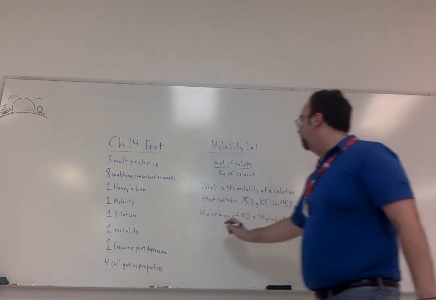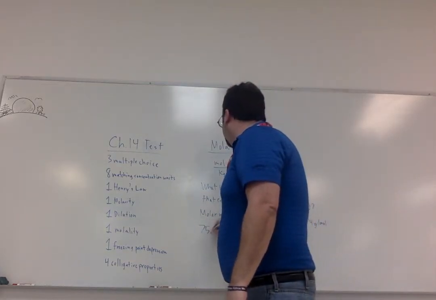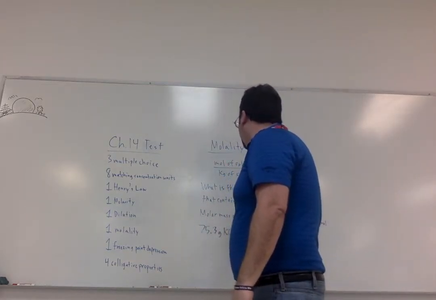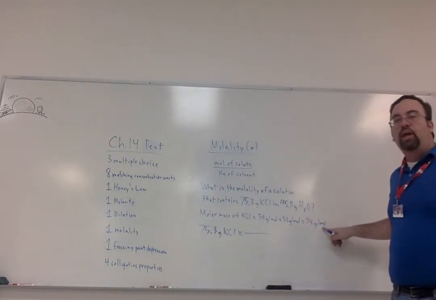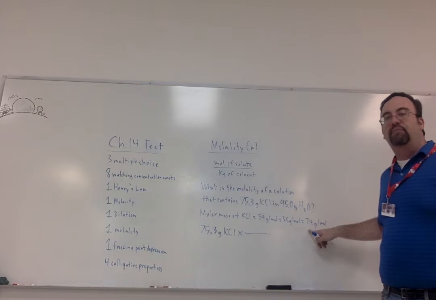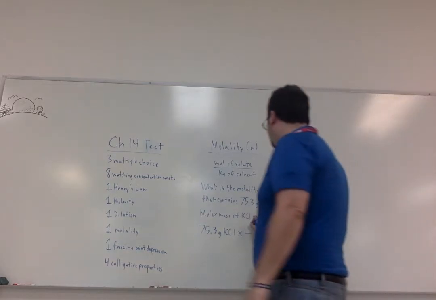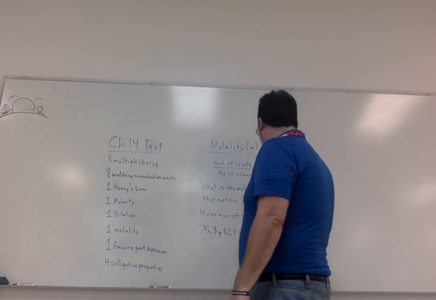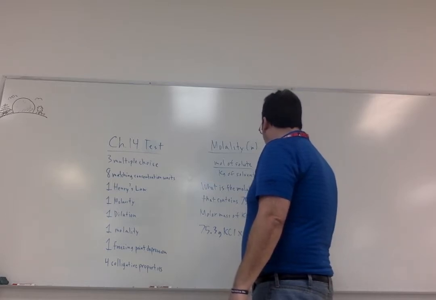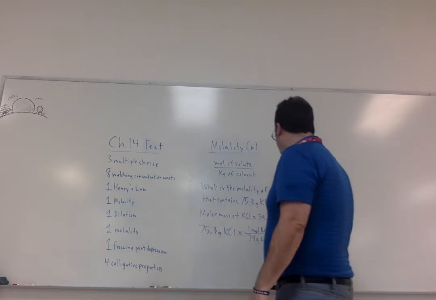Now what we need to do, we're going to convert this mass to moles, so 75.3 grams KCl. On the top, we'll put the mole, and therefore on the bottom will be the 74 grams of KCl. All right.